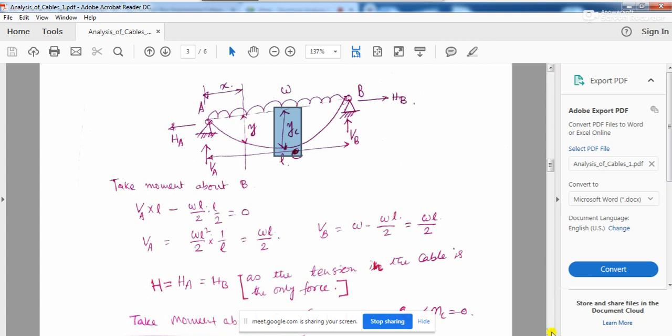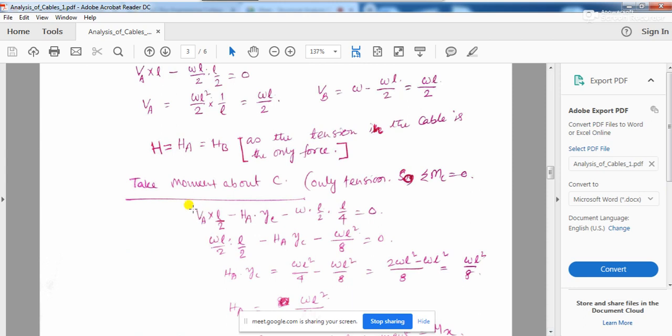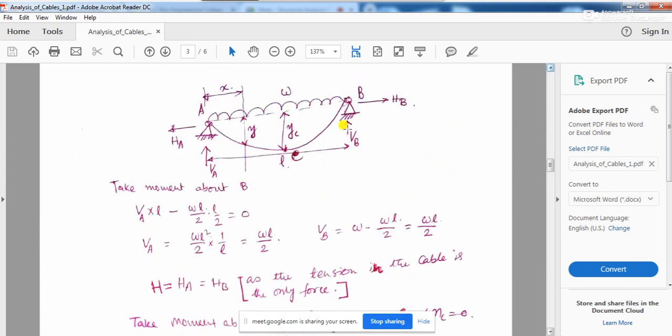Okay, so if you take moment about point C, you are going to get VA into L by 2, and VA is nothing but WL by 2, into L by 2. Then there will be a horizontal force coming over here, this is your HA. This HA is going to create a moment about C, which is HA multiplied by the lever arm, and this lever arm is your YC.